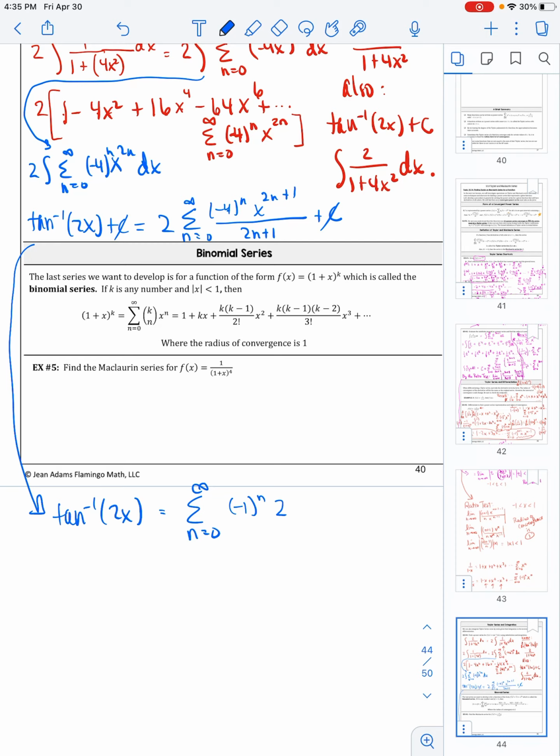Then I have a 4, which is going to be 2 squared, and then another 2. Somehow I got 2 to the 2n plus 1. I'm going to have to look at that again.